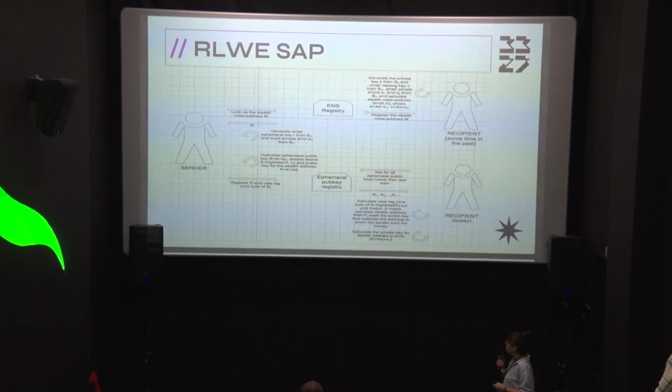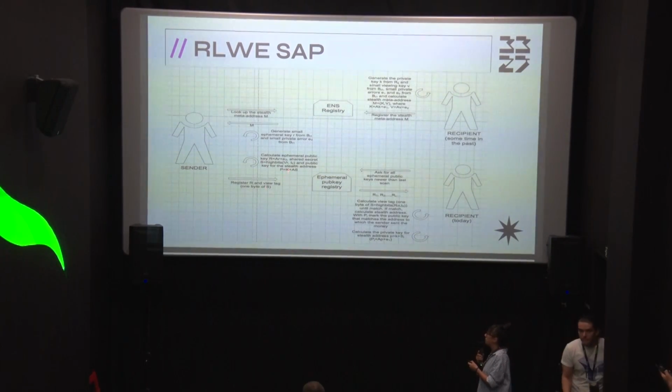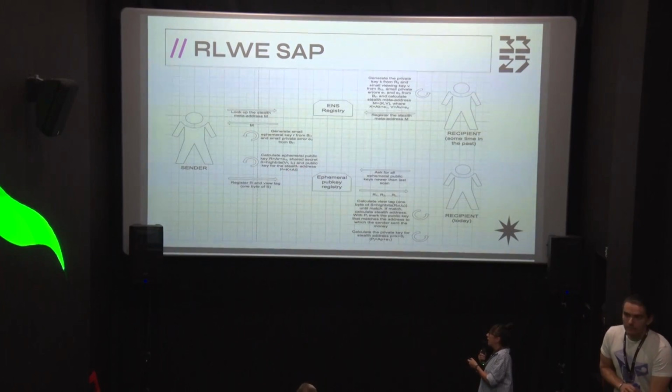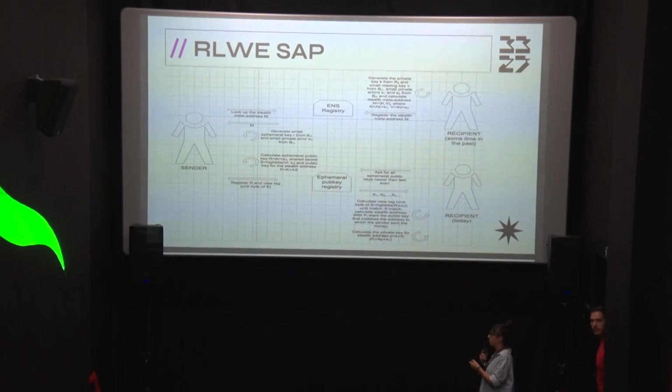And after calculating the shared key, this will be the public key of the new address of Bob. So Alice will multiply the public polynomial with the shared polynomial and add the public key of Bob in order to calculate the address. And then she will send the money to this new address.